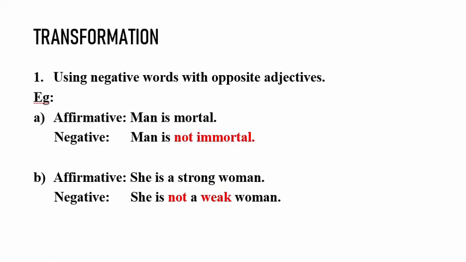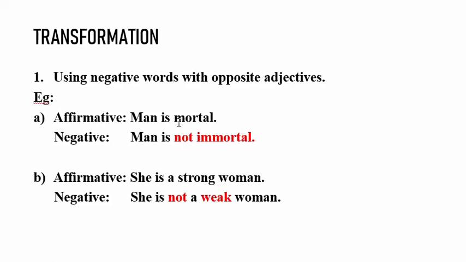These both sentences convey the same meaning, but the first sentence is an affirmative or positive sentence, while the second sentence can be considered as a negative sentence as it contains the word not in it, which conveys a negative term. And in the first line we had used the term mortal, and this adjective is used in its opposite sense in the second form, that is the negative form.